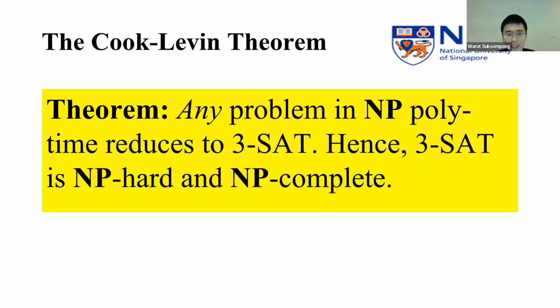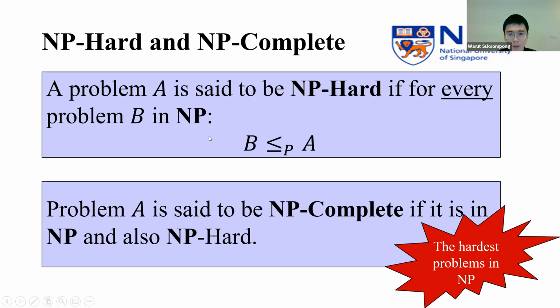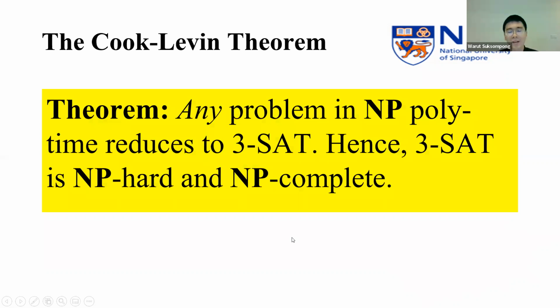So that means 3-SAT is NP hard, by the definition of NP hardness. And 3-SAT is also NP complete. Why is that? Remember, NP complete means it's NP hard and in NP. We know it's NP hard, and 3-SAT is also in NP. The certificate for 3-SAT would be just the satisfying assignment itself, saying that x1 is true, x2 is false, x3 is true, and so on.